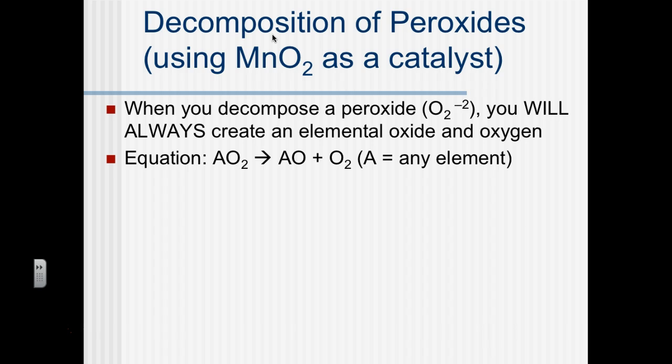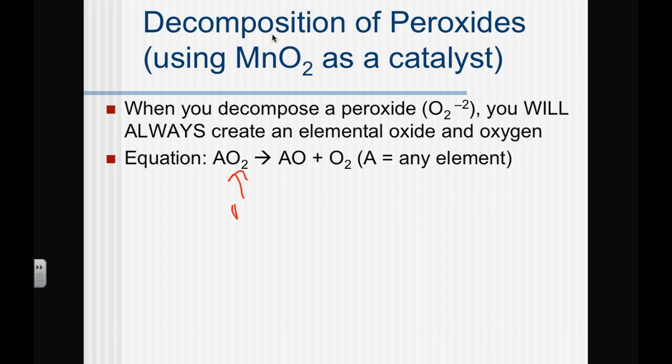So I use A for any element. So it's going to be AO2. Again, it's always O2 because that is peroxide, yields AO, that's the element oxide, plus O2, that's oxygen. So be careful. This right here is peroxide. It's a polyatomic ion.